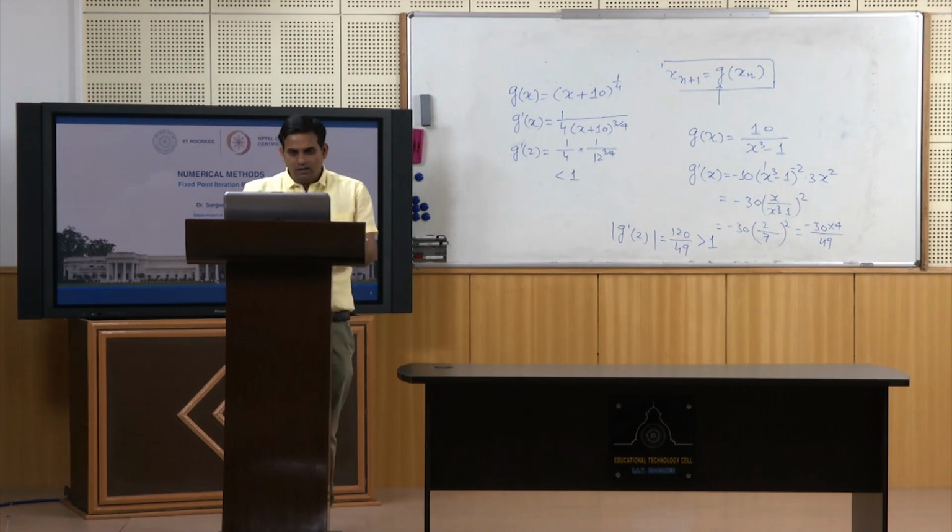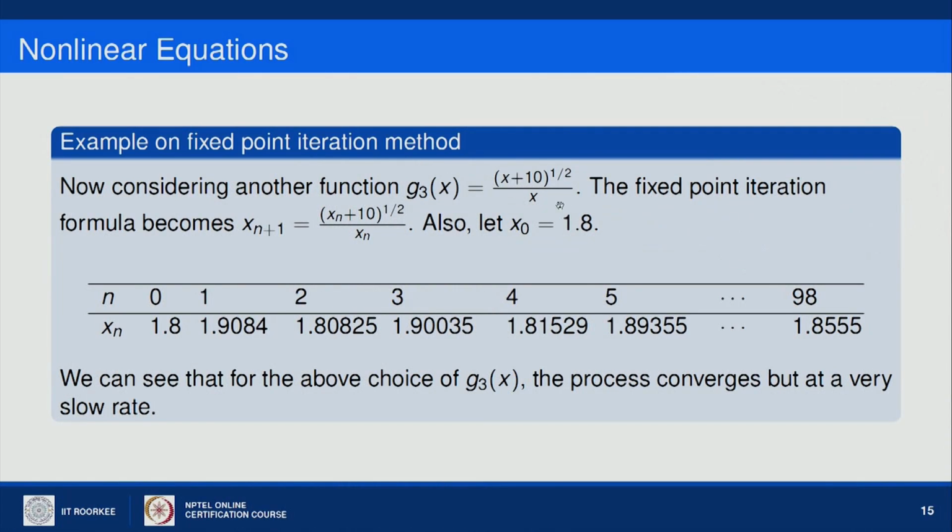If we take the third choice of g, that can be written as x plus 10 raised to power half upon x, then the fixed point iteration formula becomes x n plus 1 equals x n plus 10 raised to power half upon x n. Here let us start with x naught equals 1.8, which is quite close to the exact solution.